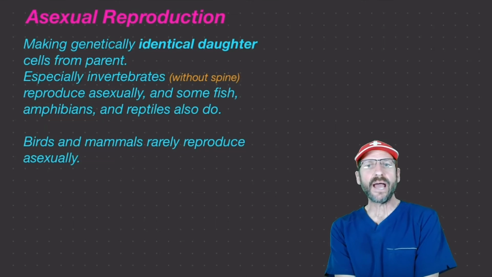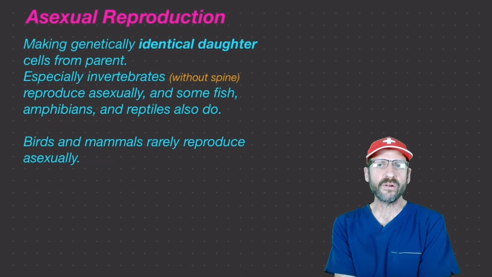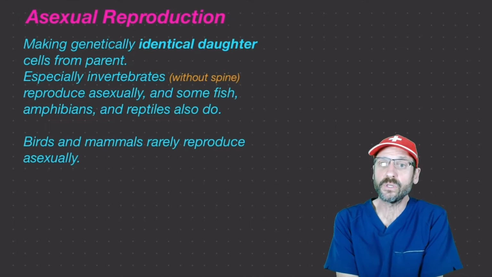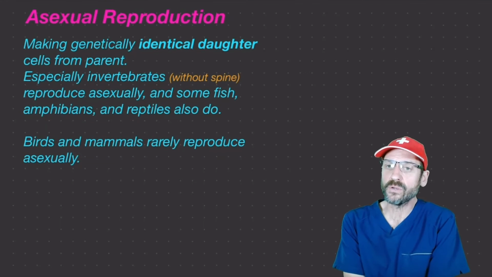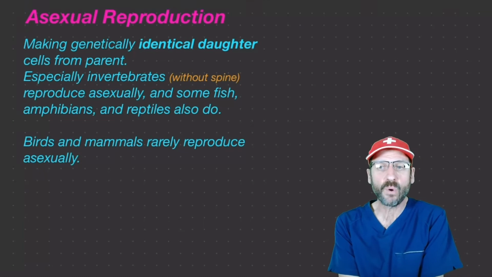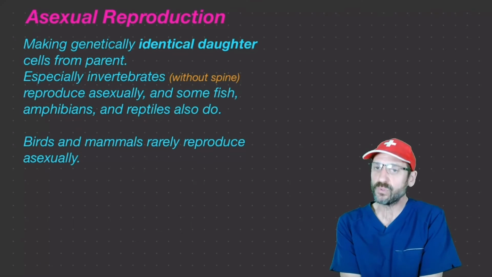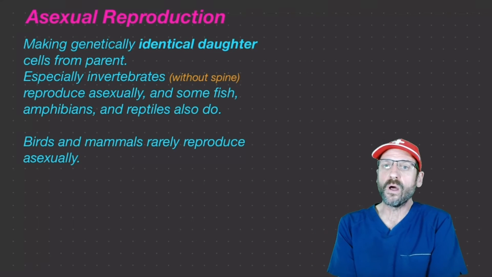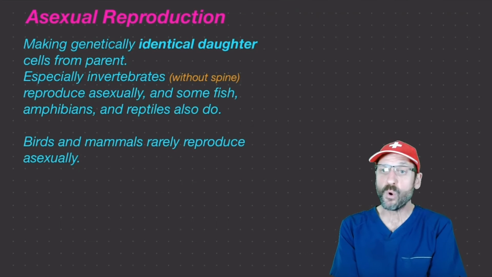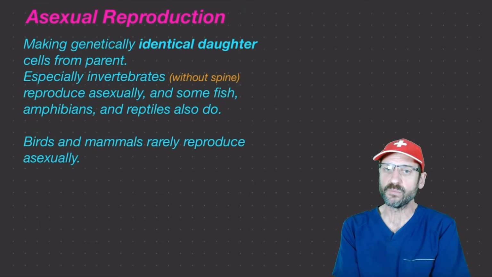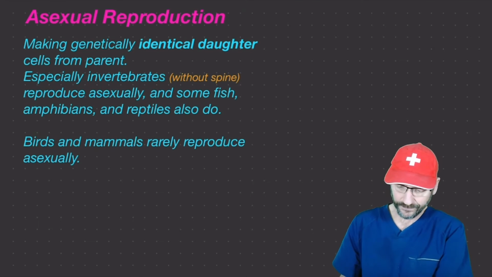Making genetically identical daughter cells from the parent cells is how we reproduce asexually. Invertebrates, the organisms without a backbone or spine, reproduce this way, and some fish, amphibians and reptiles can too. But birds and mammals rarely reproduce asexually.